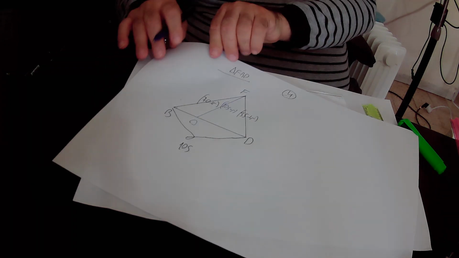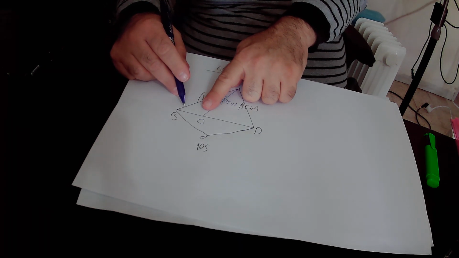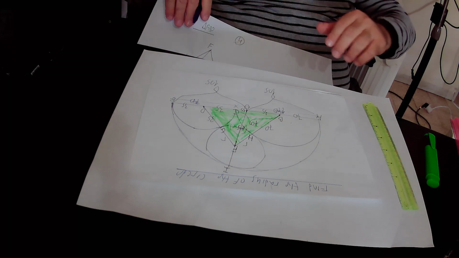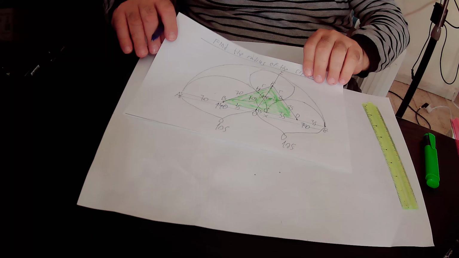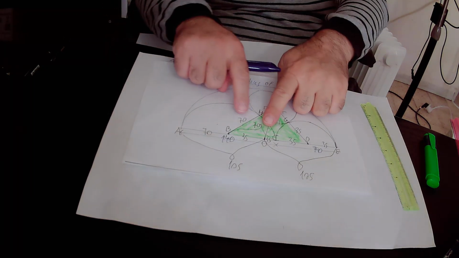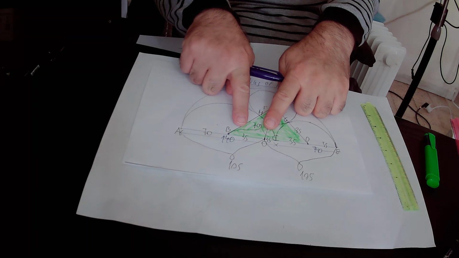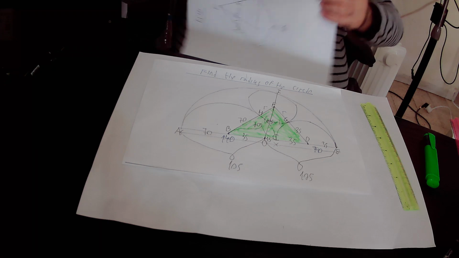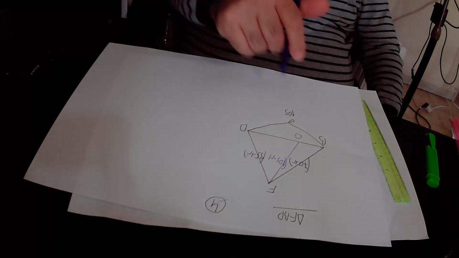What is the length of this line segment BO? From the drawing, it is very easy to see that the length of line segment BO is 35 units. So I write it down. BO equals 35 units.